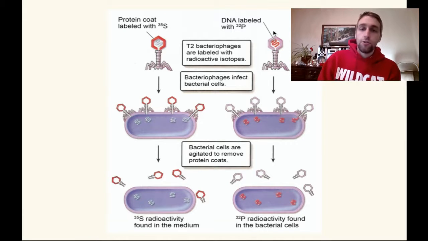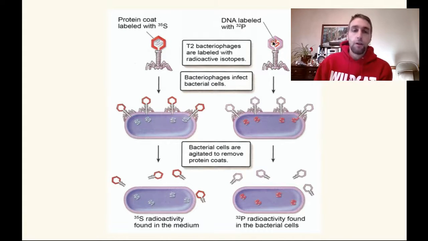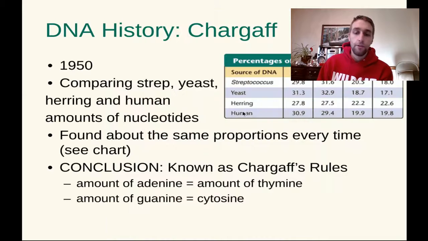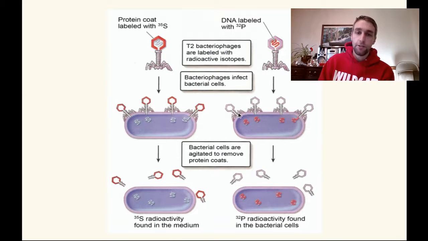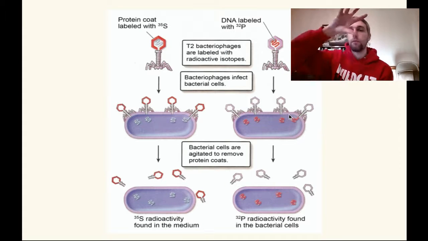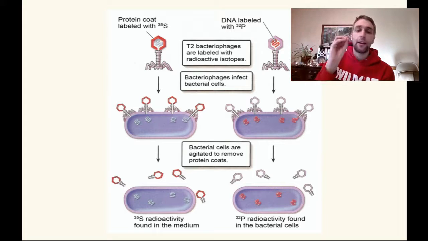For the other trial, they used radioactive phosphorus, which, if you remember CHONP, phosphorus is found in nucleic acids, but not in proteins. So they made the DNA, or the nucleic acids, radioactive. And then when those bacteriophages infected the cell, they could watch the radioactivity actually enter the bacteria and the inside of the cell lit up.